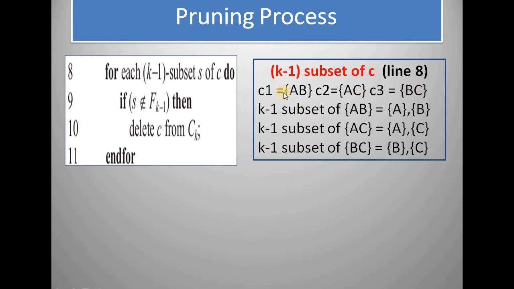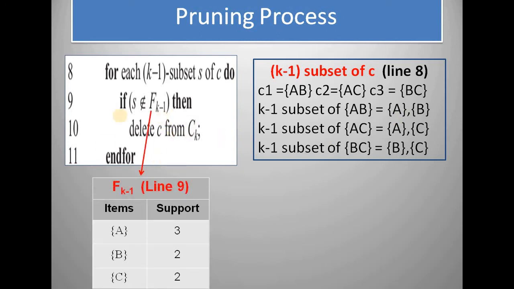So for each candidate AB, AC and BC, I have to find the k minus 1 subsets. For AB it is A and B, for AC it is A and C, for BC it is B and C. An empty subset is not allowed, and it is a k minus 1 subset, so I can't have AB itself as a subset. So these are the possible subsets.